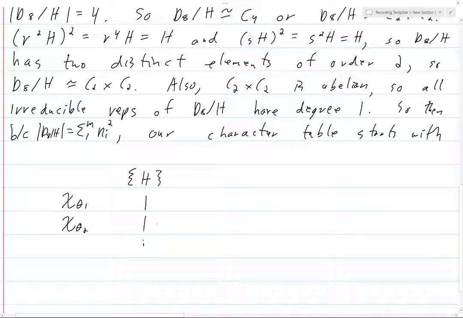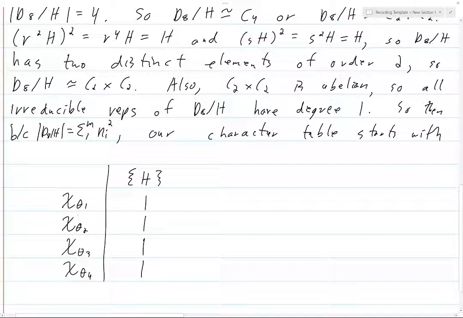That means we're going to have 4 rows. So we're going to have chi, theta 1, theta 2, theta 3, and theta 4. These 4 are our irreducible representations of D8 mod H, and these chi's are the corresponding characters.